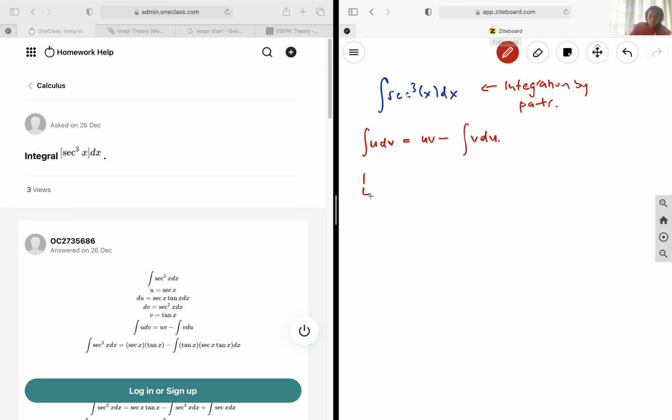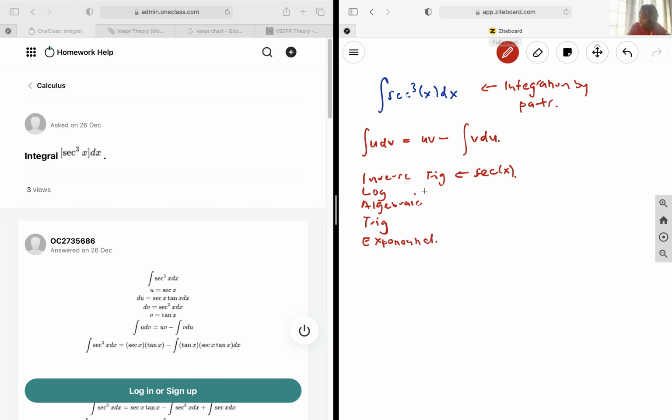And remember that we will be choosing our u according to ILATE. So let's just write that down. Inverse trig, logarithmic, algebraic, trig functions, and exponential functions. Okay, and so we see that we have the trig function of secant x.